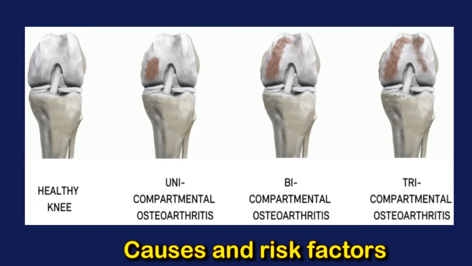Genes. A person's genes may also play a role. Someone with a close family member who has or had osteoarthritis may be more likely to experience it themselves. Sex.